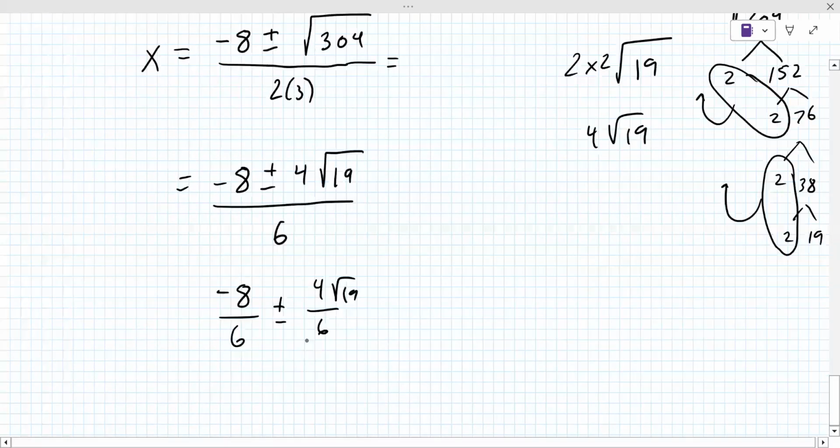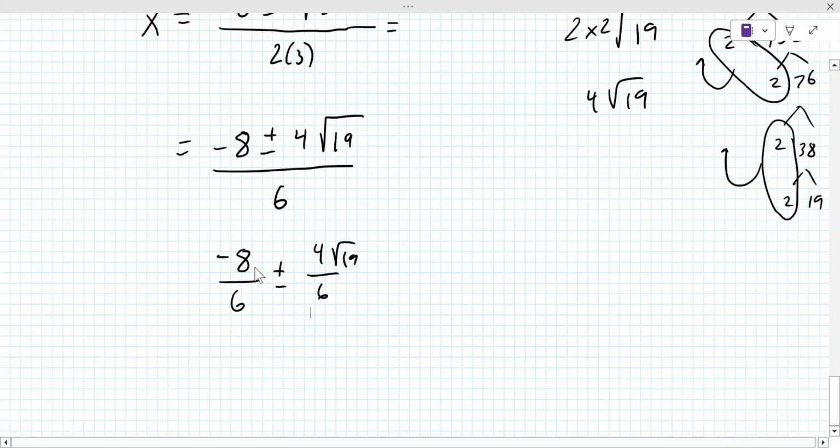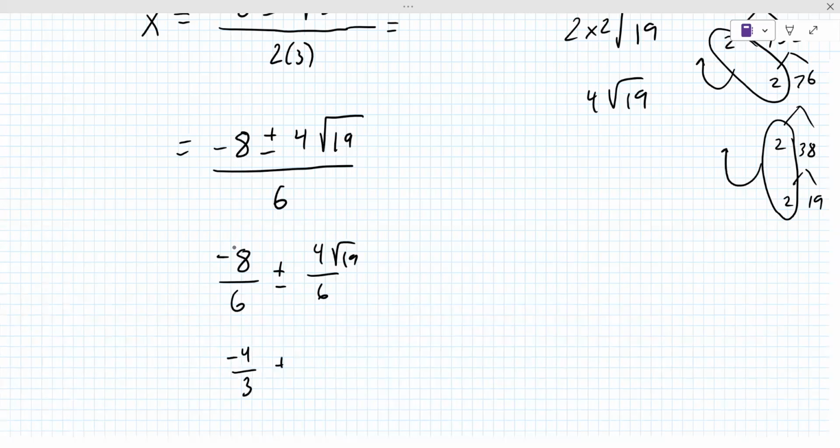Negative 8/6 plus or minus 4/6. Yes, and each of those can be divided by 2. So negative 4/3 plus or minus 2/3 square root 19. Okay, good.